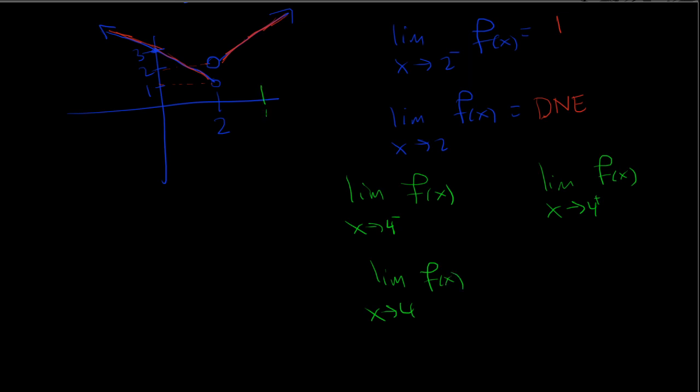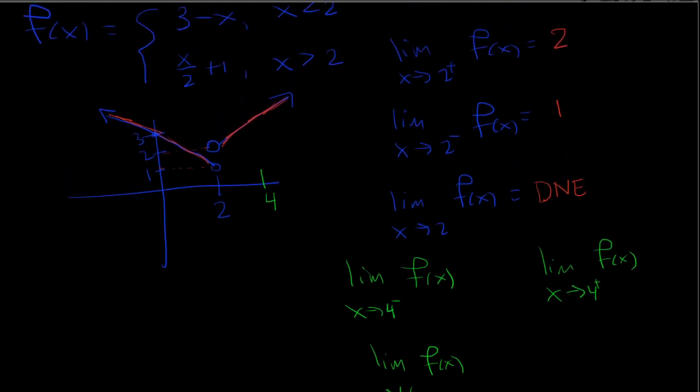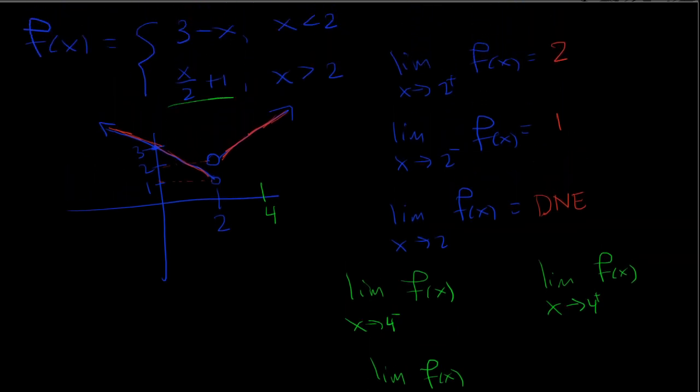So x equals 4 is here, and that's obviously to the right of 2, so we're going to be looking at this function. If I plug in x equals 4, I get 3, so that's over here. And if I approach 4 from the left, I'm going to be coming up from down here, and then to the right, I'll be coming down this direction.